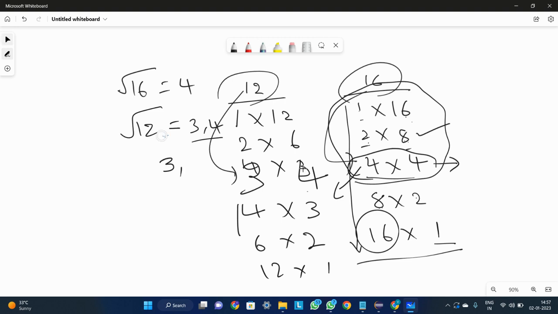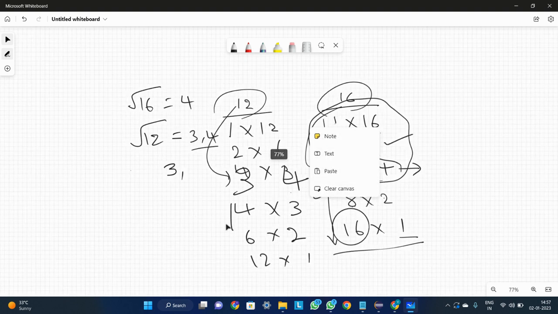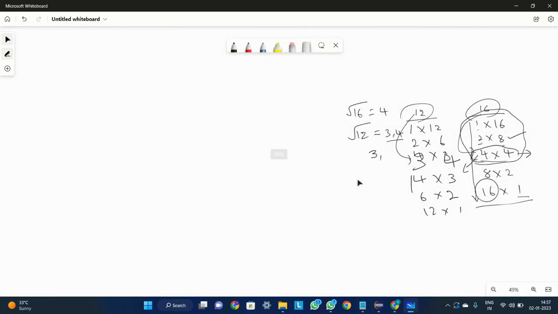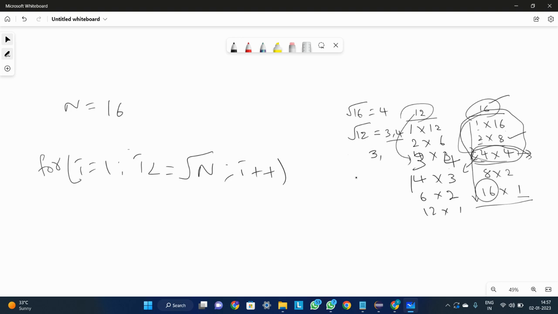Now we will write the code here itself. First we will take input, for example 16. After that I'm going to take a for loop from i equals 1 to i less than or equal to root of n, i plus plus. Now you have one special case, right? If it is a perfect square, like 4 and 4, the factor is doubled.